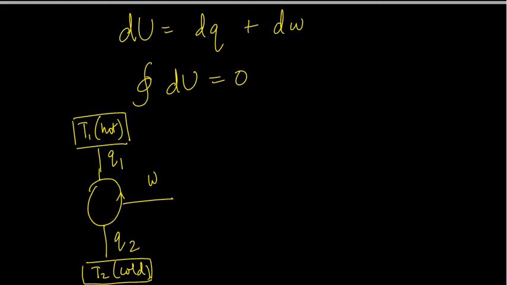The other way of looking at this fellow is that, maybe I can even put some signs over here. Since I am talking of work done by the system, that would be a negative sign over there, right? The work done would be negative.